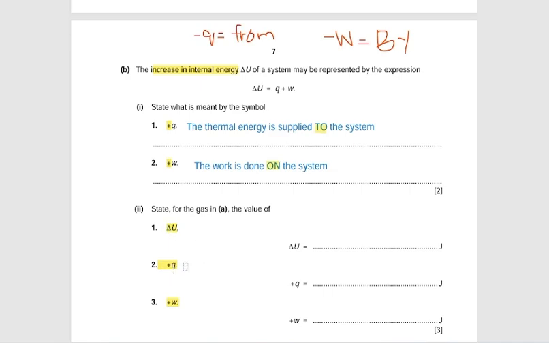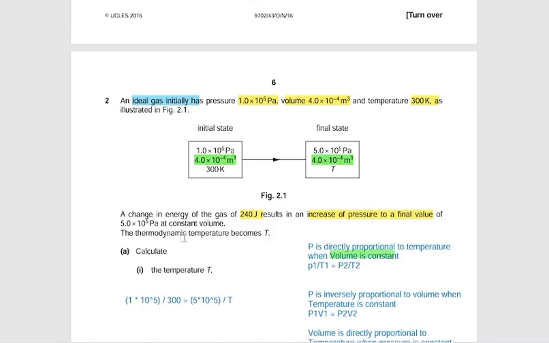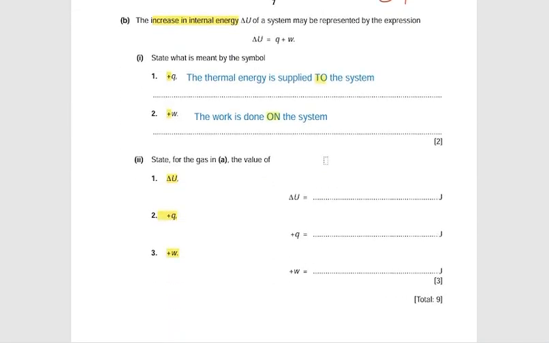Let's look at the thermal energy. We go up and the question says a change in energy of the gas of 240 joules. Positive 240 joules of thermal energy is supplied. That is our answer. 240 joules. They've written it above that 240 joules of thermal energy is supplied, which means 240 joules.